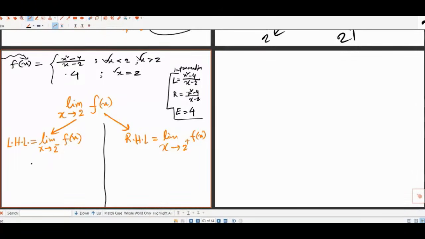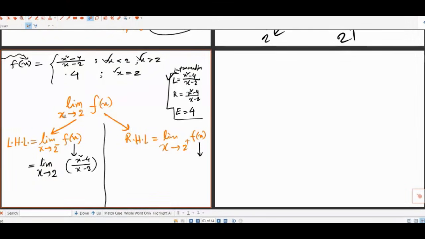Now we need to input the 2 minus function and the 2 plus function. So limit x tends to 2 minus: which function is the 2 minus function? This one, x squared minus 4 over x minus 2. So we have found the leftward function.